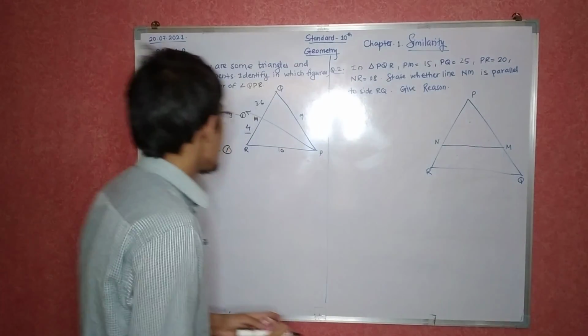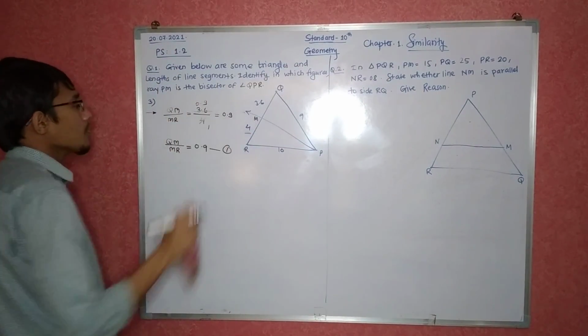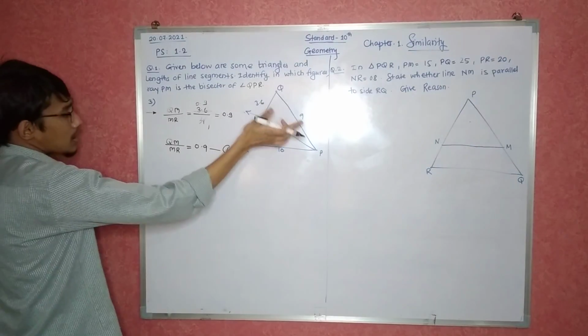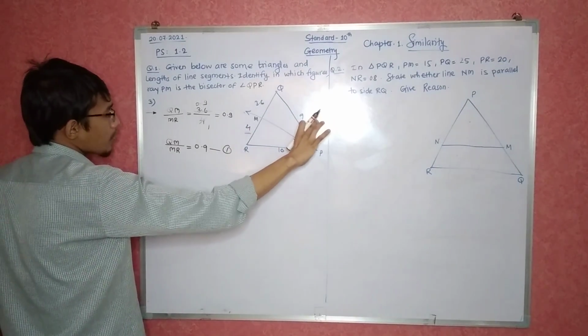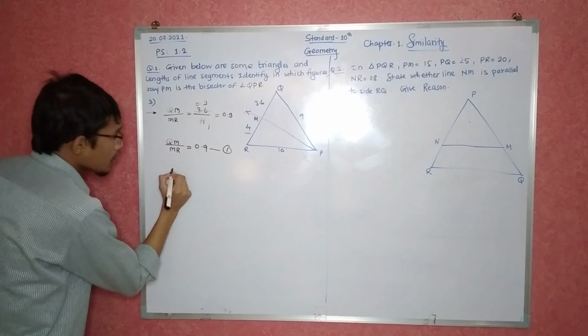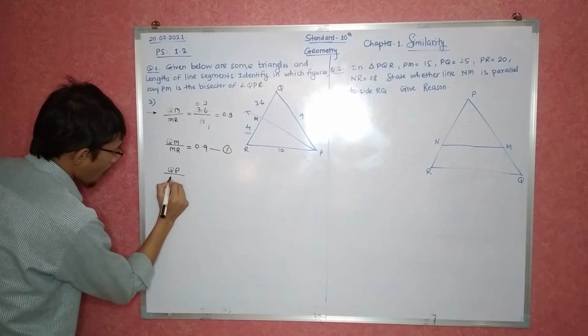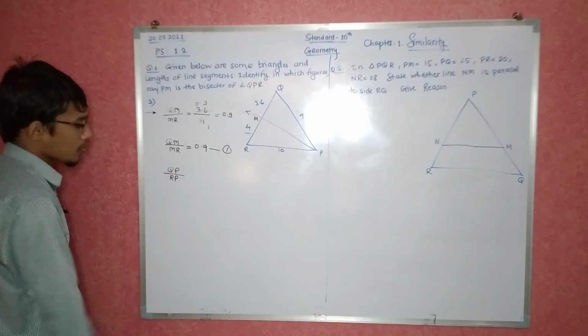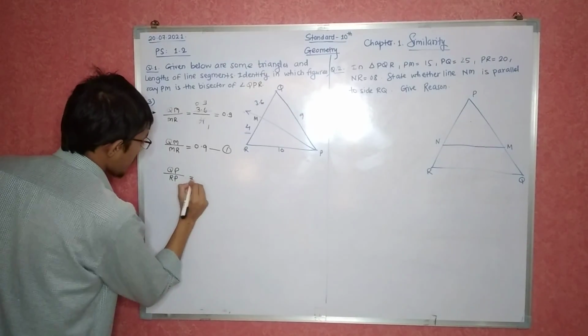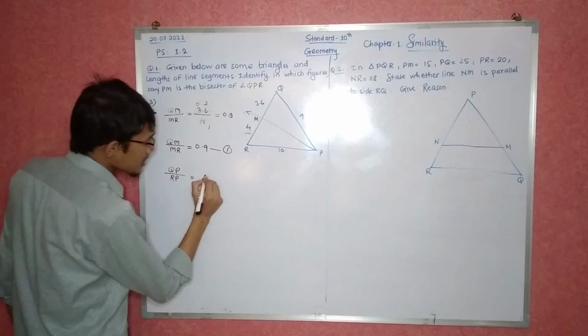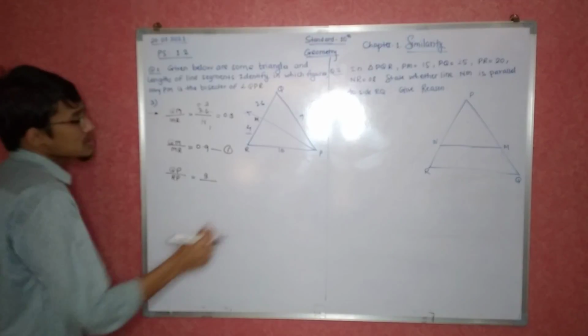Now we will find the other ratios, ratio of the remaining two sides. So QP upon RP. What is the value of QP? It is 9, and what is the value of RP?